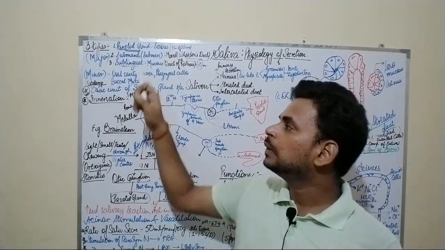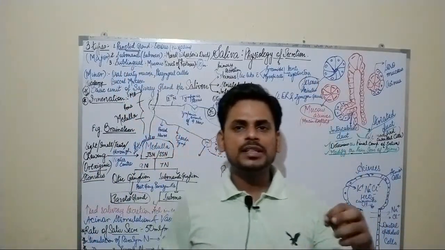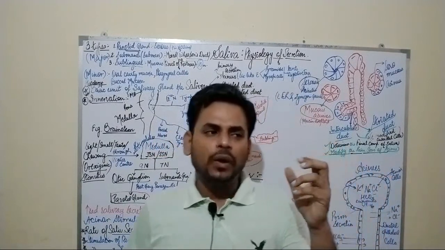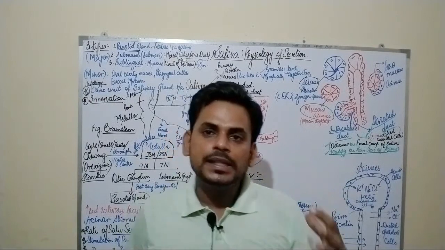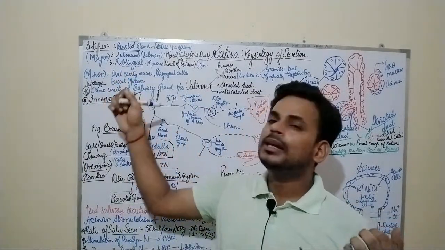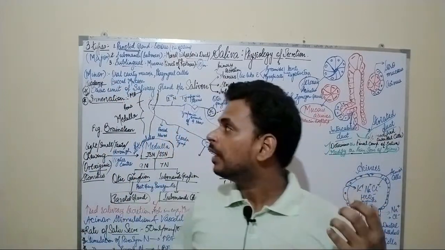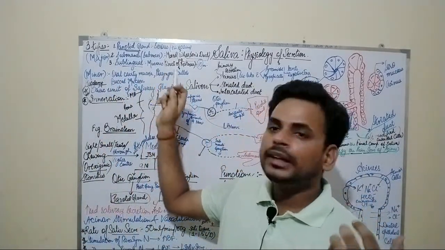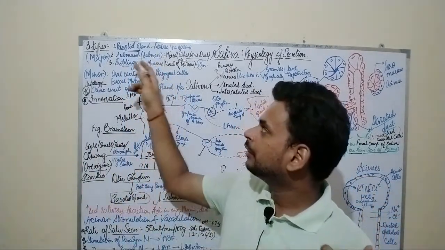Moving on to the sublingual salivary gland, its secretion is mostly a sticky, mucinous substance called mucin. So the secretion of the sublingual salivary gland is the mucus secretion.